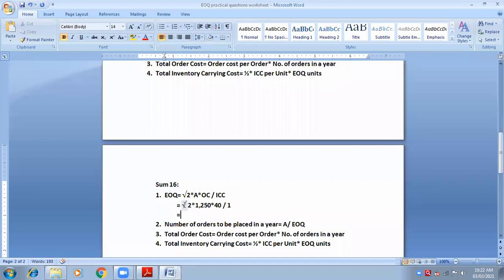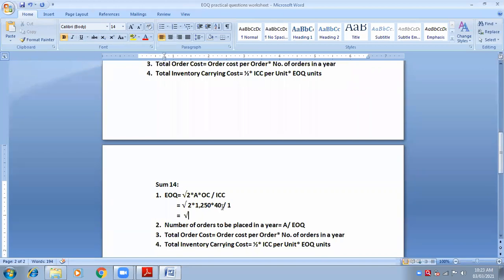Again, the whole square root of 2 into 1250 into 40. Tell me the numerator. All three figures are to be multiplied with each other.